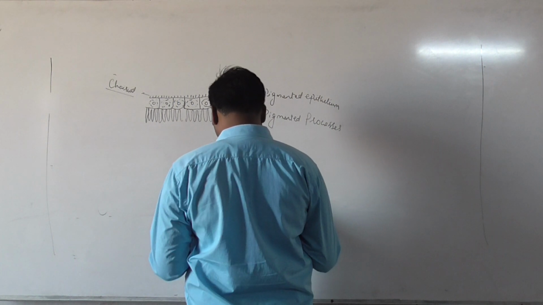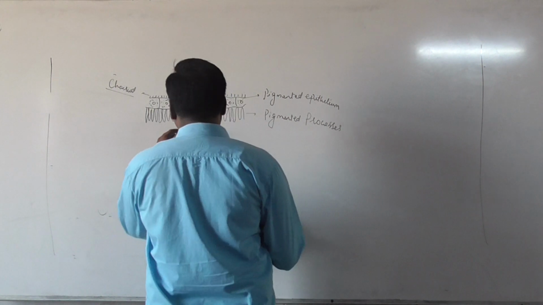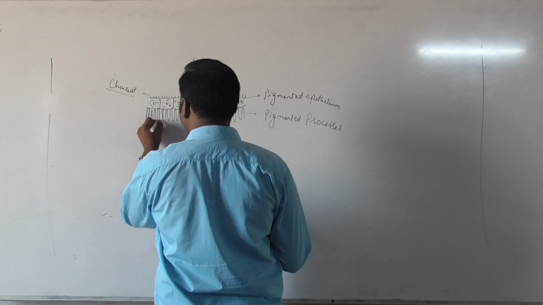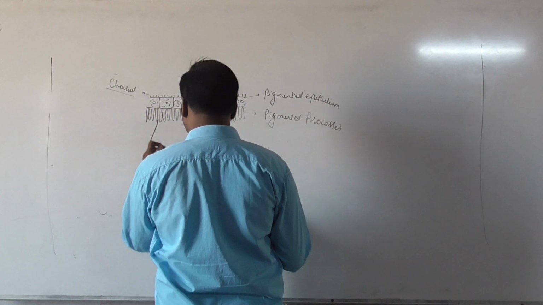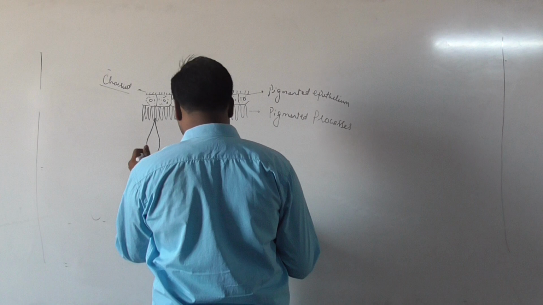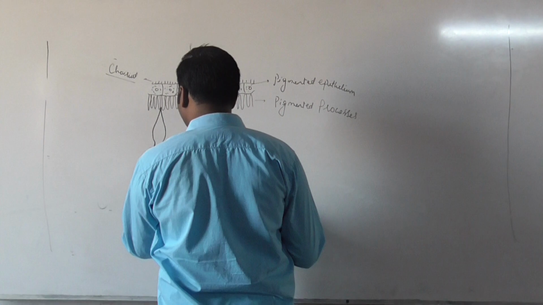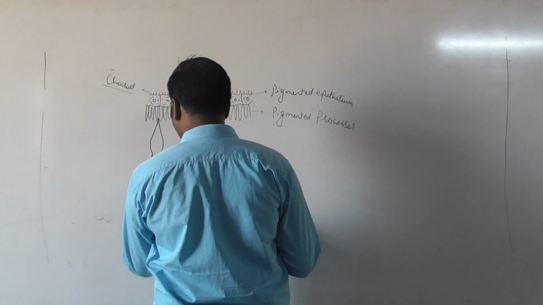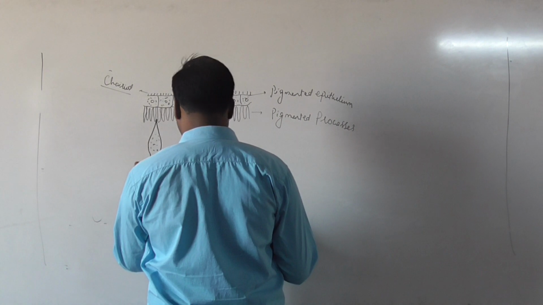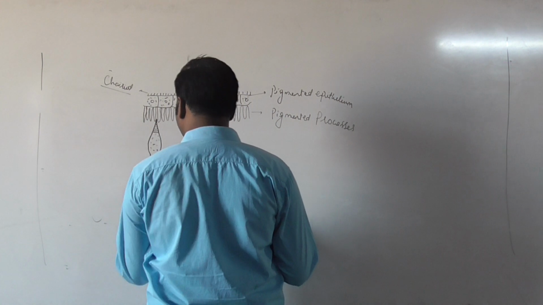Now next to the pigmented processes is the formation of the bipolar nerve cells. What is meant by bipolar nerve cell, you can come to know by looking at the structures.